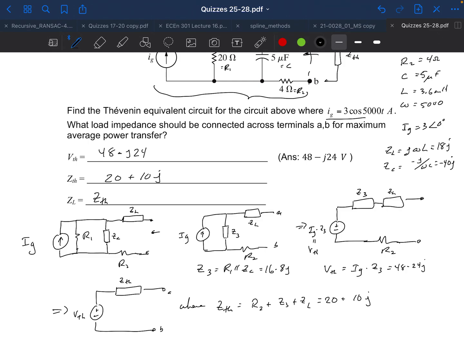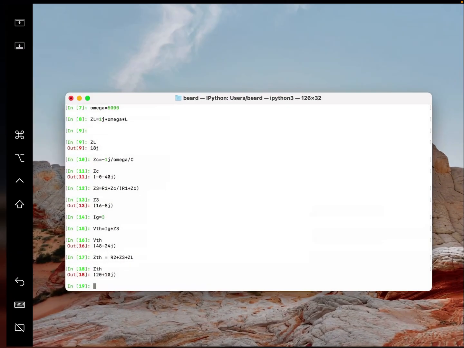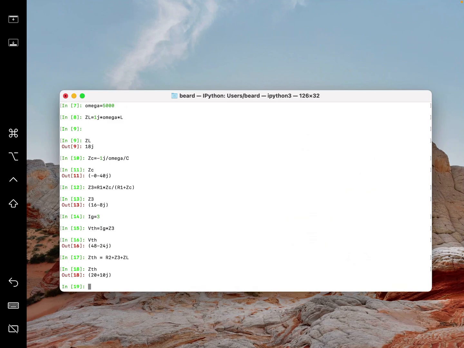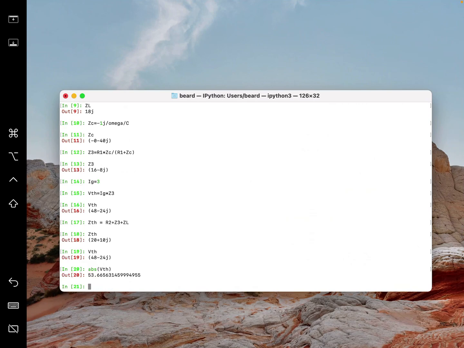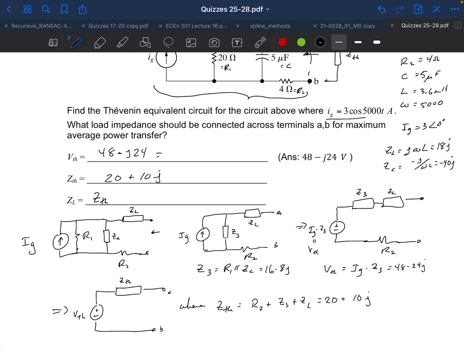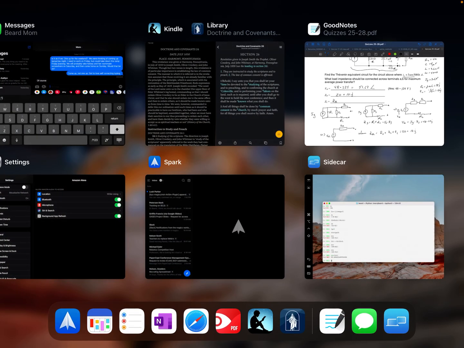And we can write this in terms of phasors. So if we look at the magnitude and the angle, so you come back here, VTH, and if we want to look at the magnitude, in Python we can use the absolute value for VTH, so that's going to be 53.67. And then we need to compute the phase angle.